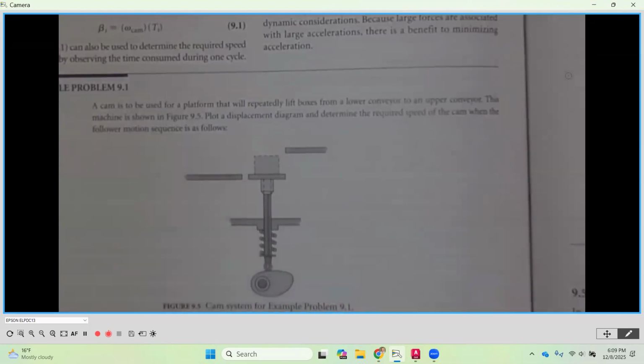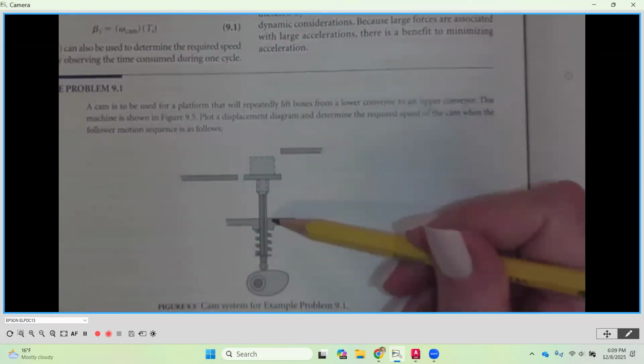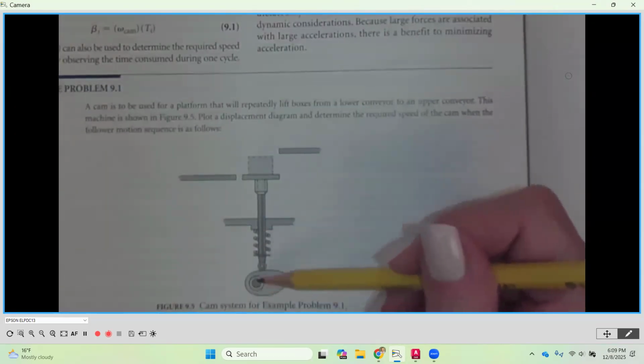And it says a cam is to be used for a platform that will repeatedly lift boxes from a lower conveyor to an upper conveyor. So our cam is going to be a lift. On that lift, this is where the box is with the dotted lines. It's starting at the lower one. And as you can see, as this cam rotates, this is going to be pushed up to go to an upper conveyor. And then maybe something else is going to push it onto the conveyor. So then it will come back down in that sequence.